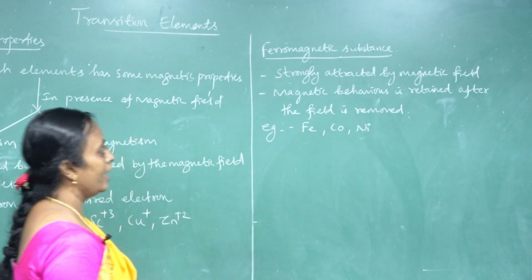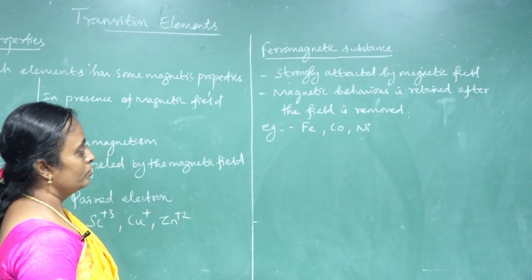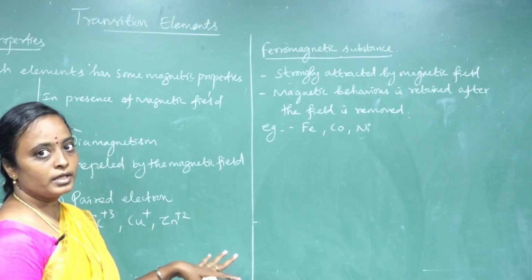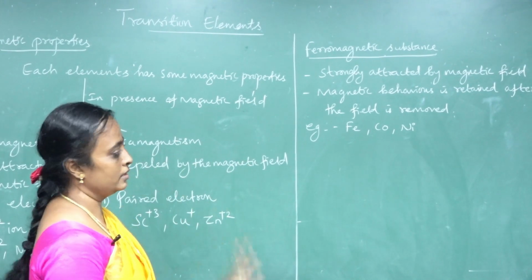These are strongly attracted by the magnetic field. So three magnetic behaviors: paramagnetism, diamagnetism and ferromagnetism.